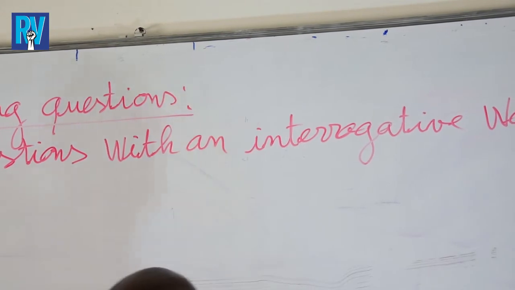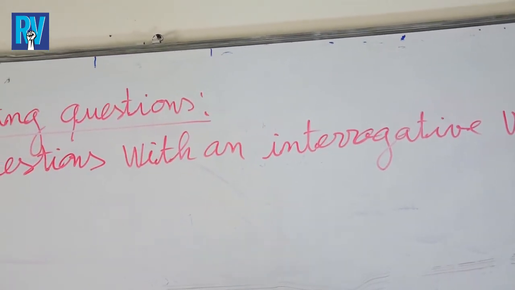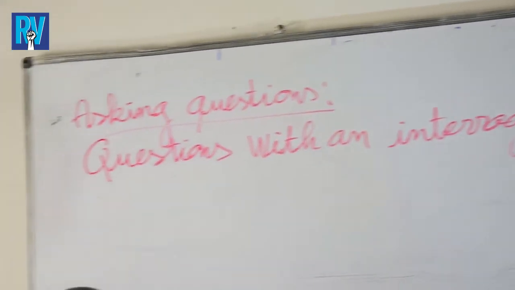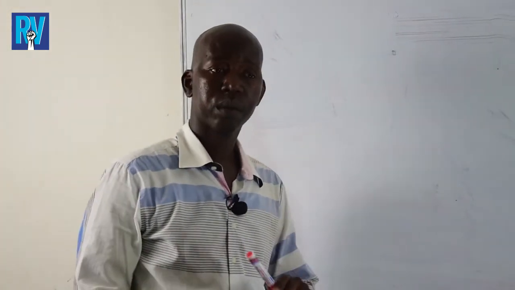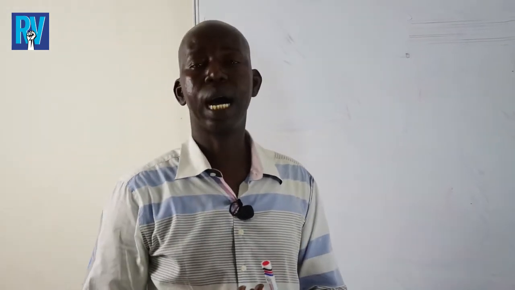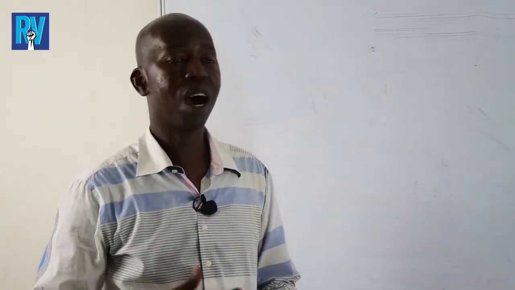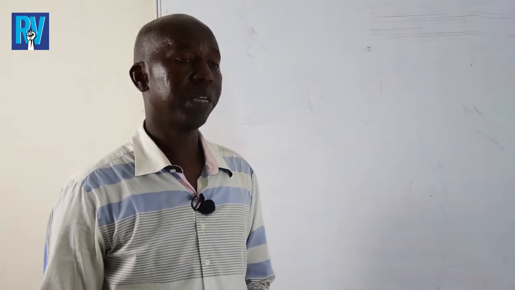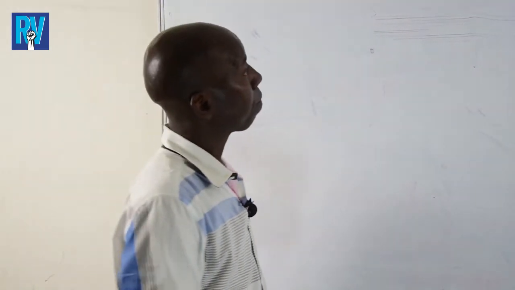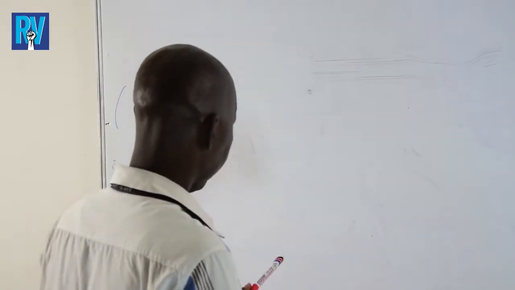Donc, une question commence avec un mot interrogatif. It may be what, when, why, where, who, how many, how long, how far. These are some interrogative words. Donc, on a quelques mots interrogatifs.